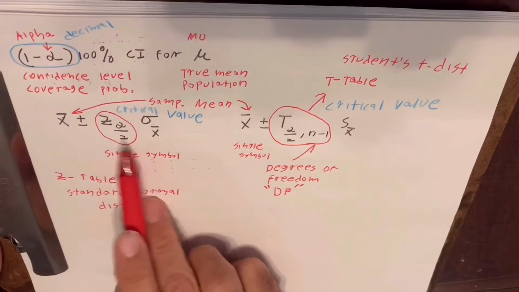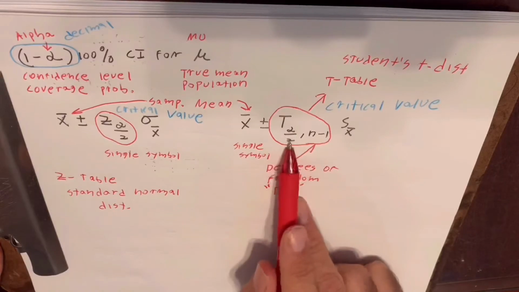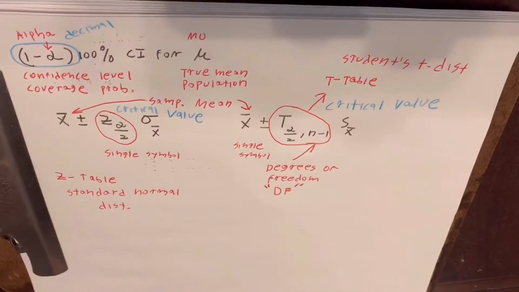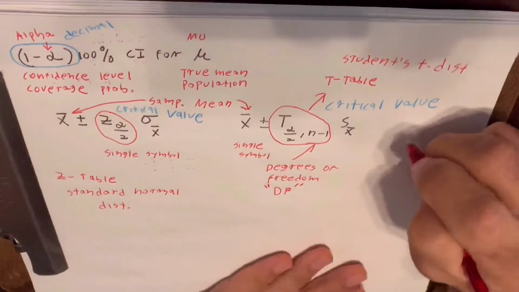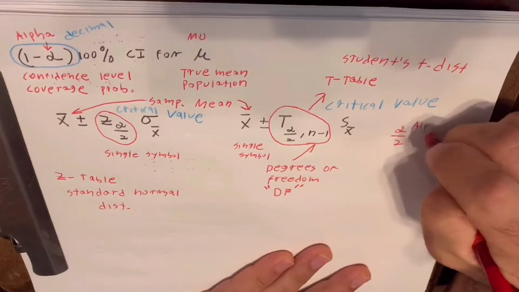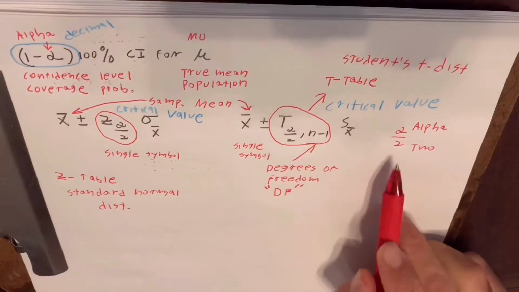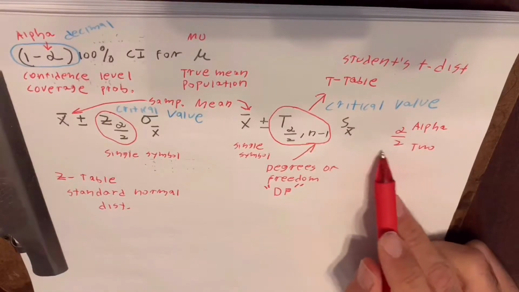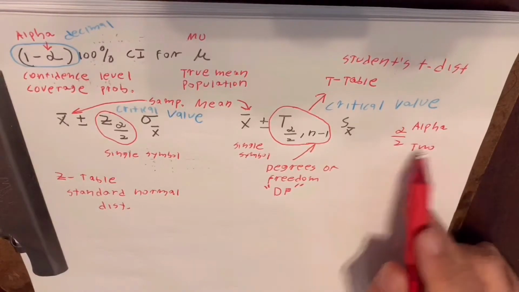So that's what this z sub alpha over 2 is, and that's what this t sub alpha over 2 with n minus 1 degrees of freedom is. Let me be really clear here that when we have alpha over 2, this is an alpha, this is a 2. Some of my students get a little confused and they say, is it alpha over z? No. Is it 2 over z? No. It's alpha over 2.